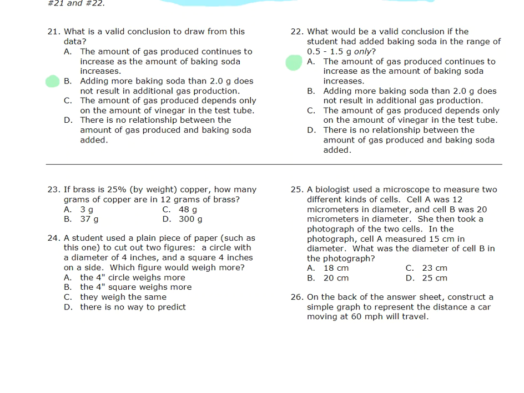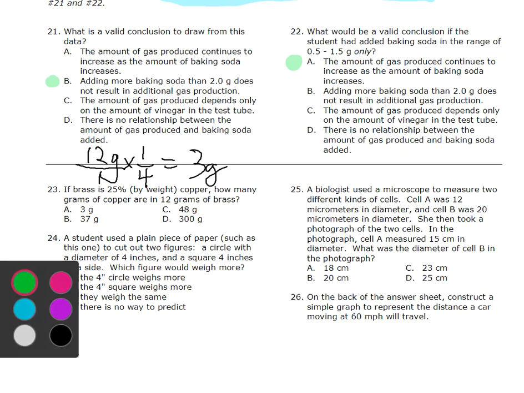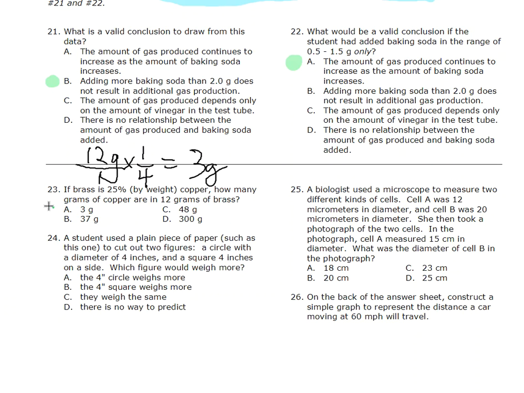So brass consists of copper as well as other metals. It's an alloy. And so when you look at a mass of 12 grams of brass, put that over 1, only 1/4 of it is copper. So solving the equation, 12 divided by 4 gives us 3 grams. So the answer is A, 3 grams.